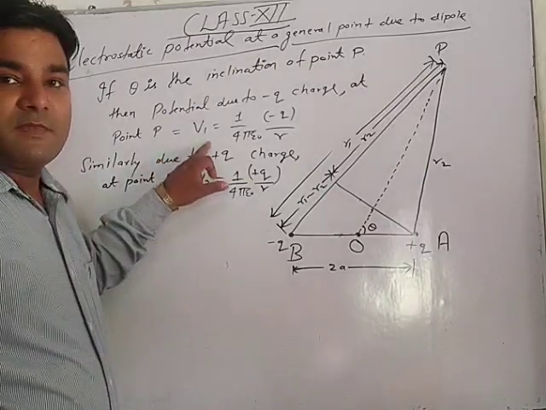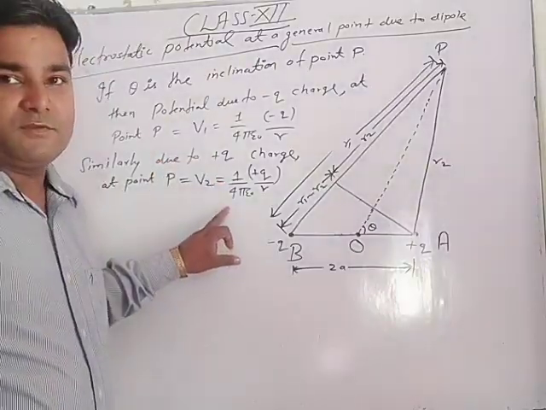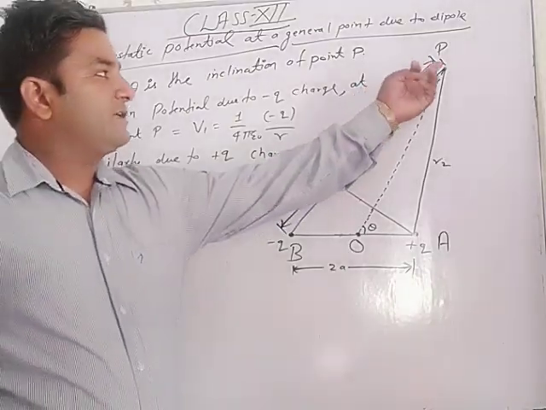This one value and this one value will add up to calculate the resultant potential at point P.